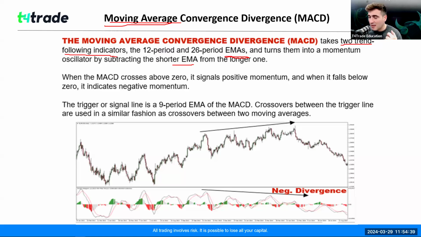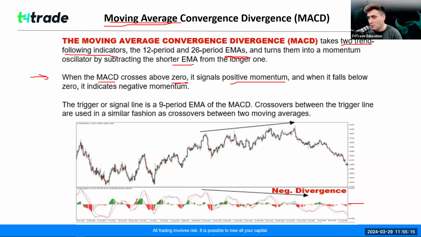Okay, so when the MACD crosses what we call the zero line, which is the line that you can see right here, I don't know if you can see clearly. So we have the baseline, 0, this is the threshold. If you see the MACD crossing above 0, and you can see the green histogram above 0, it indicates positive momentum.